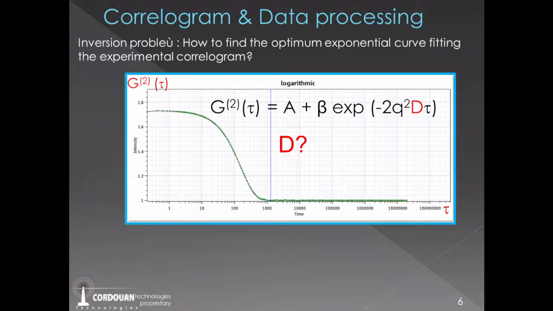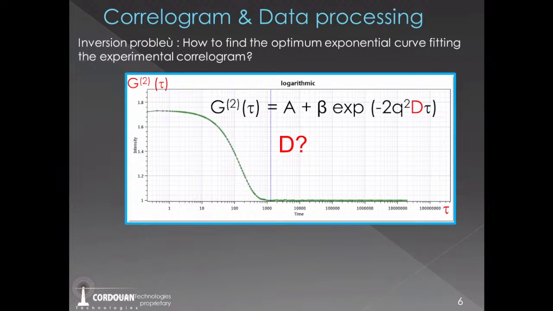That's why DLS is not so easy. It's a cheap instrument, not a big one like here in SOLEIL. It's a small one that you can find in every lab. It's not very expensive, but it's a little bit complicated. Why? Because first, we need to do some chemistry in order to have a good colloid.